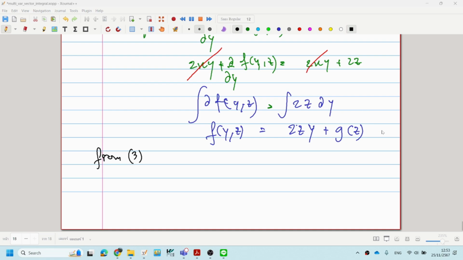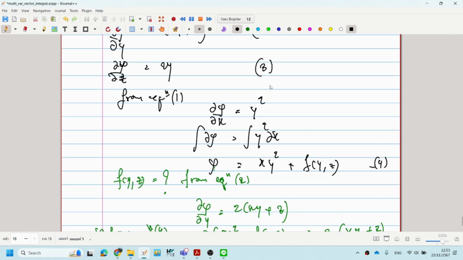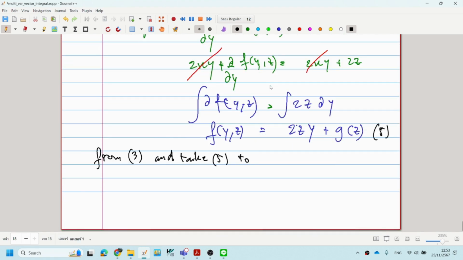This function I assign to be equation number five. Take equation number five to equation number four.